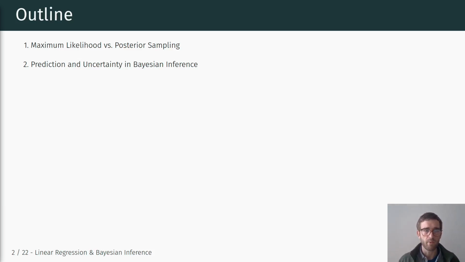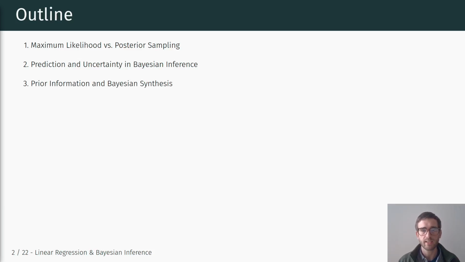Then the second part will focus on how we use our posterior samples to make predictions about new data sets and crucially incorporate uncertainty around our parameter estimates in those predictions using Bayesian inference.